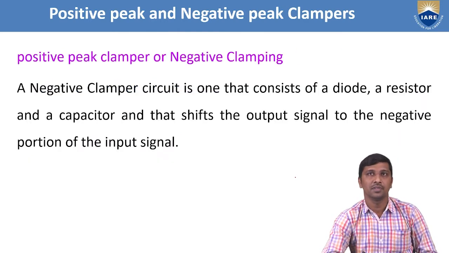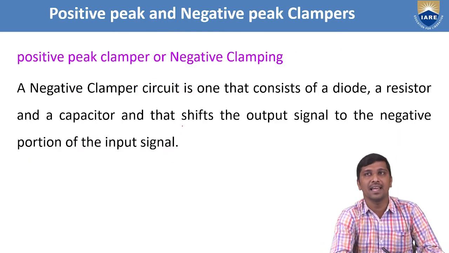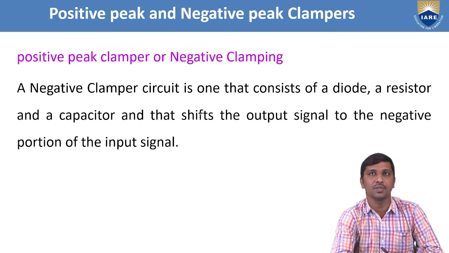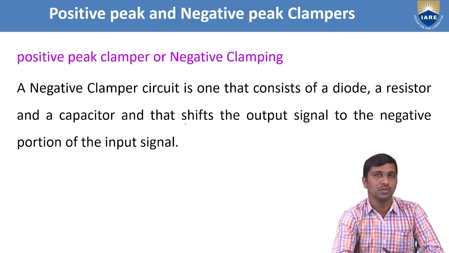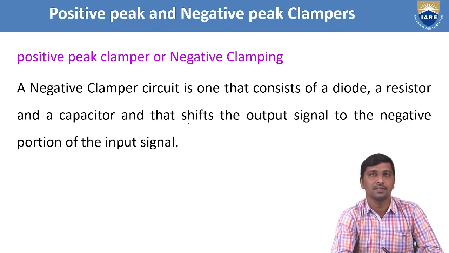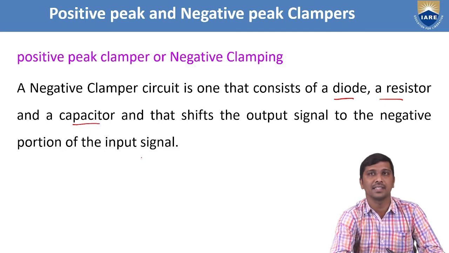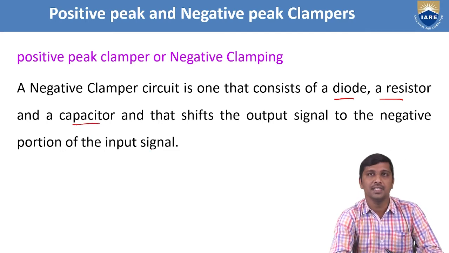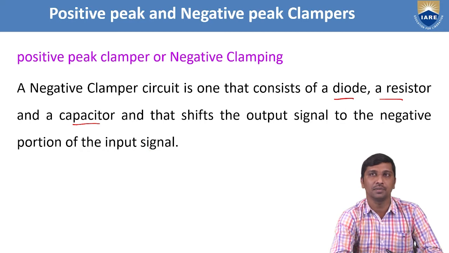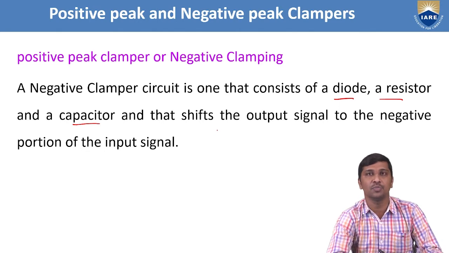Now coming to the first one, the positive peak clamper or negative clamping. This clamper circuit consists of a diode, a resistor, and a capacitor. By using these three components, we build a clamping circuit, and it can be used to shift the DC level at the negative portion of the given input signal.